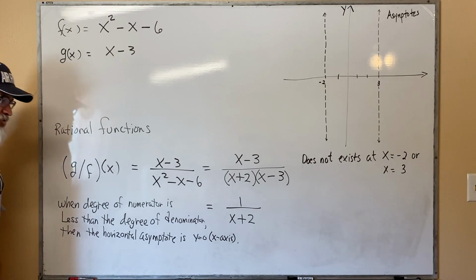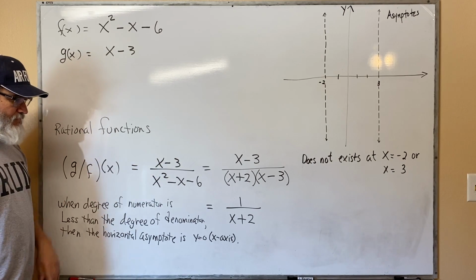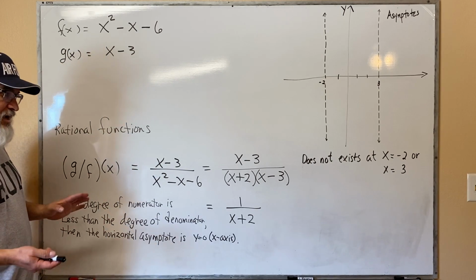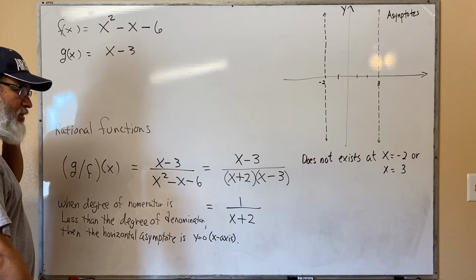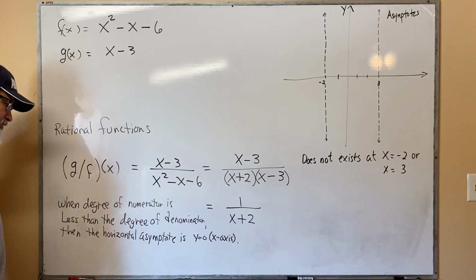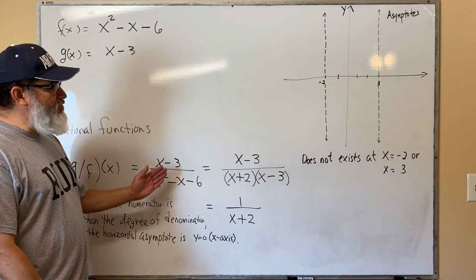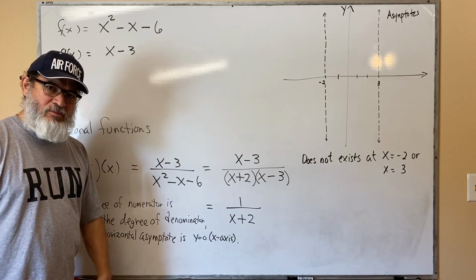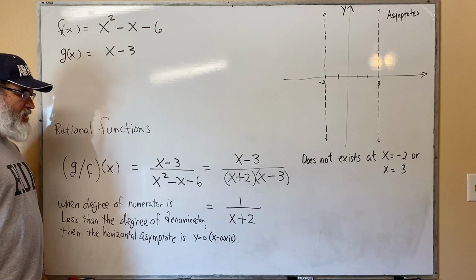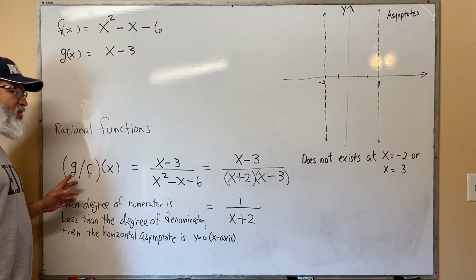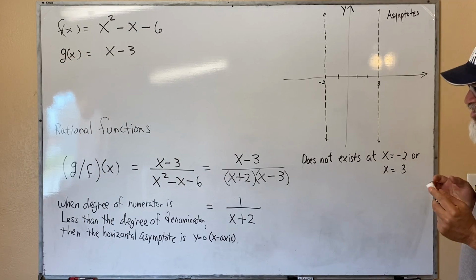If you're going to graph a rational function like this one, you have to find the vertical asymptote and the horizontal asymptote. Okay? All right. How do you find the vertical asymptote? What makes the denominator 0? How do you find the horizontal asymptote? Look at the degree of the numerator and the degree of the denominator. Okay. X-intercept.